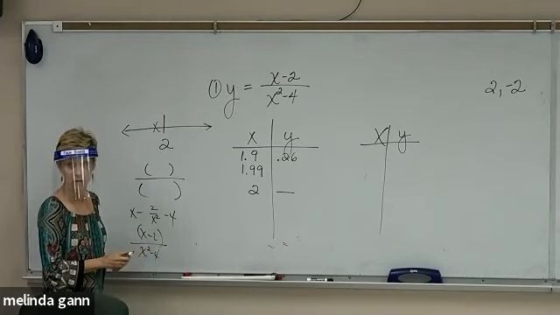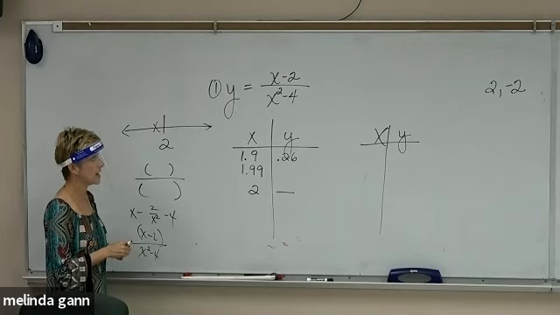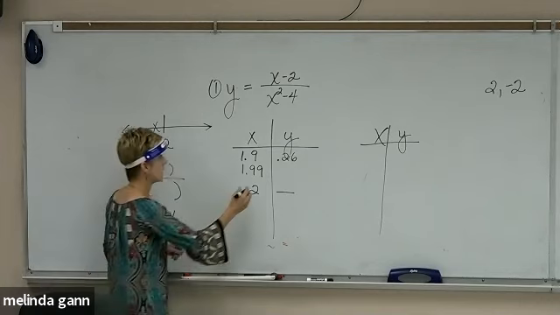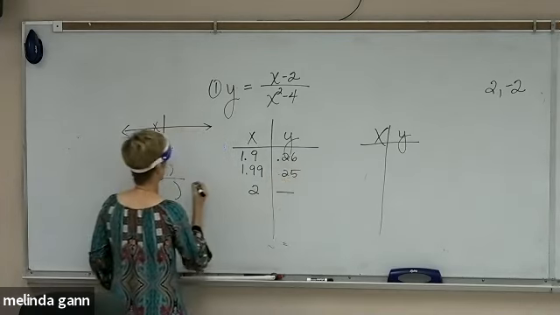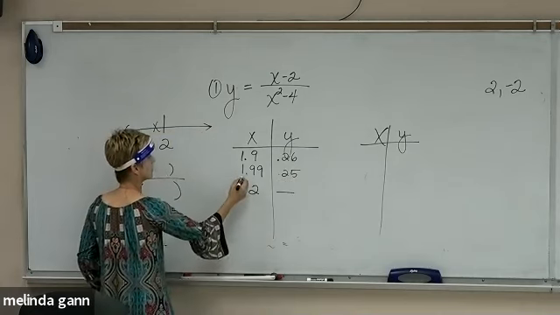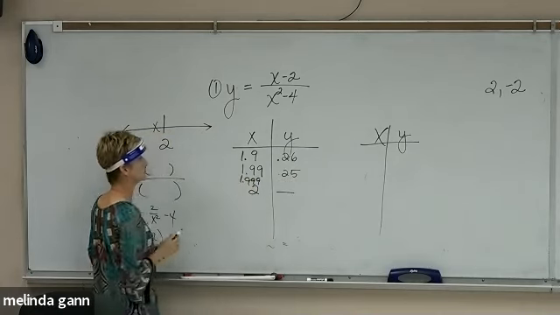All right. So what did you get when you put in 1.99? 0.25. All right. What's even closer? 1.999. All right. Try that one.